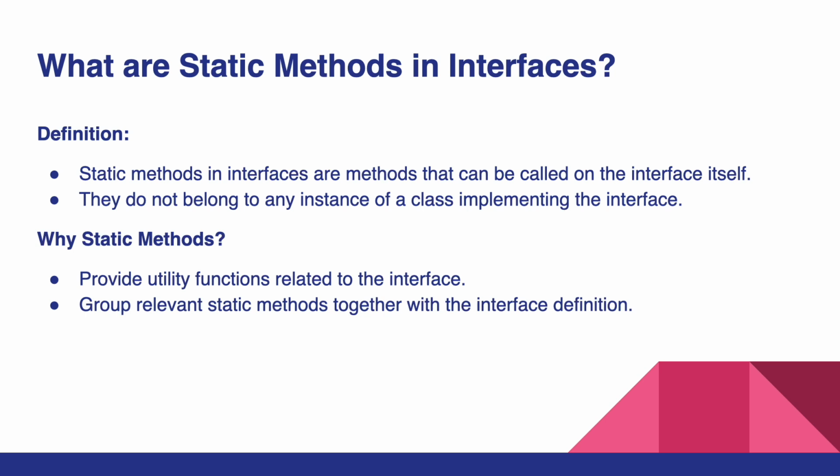Now let's move on to static methods in interfaces. Unlike default methods, static methods in interfaces are defined with the static keyword and are invoked directly on the interface rather than on an instance.